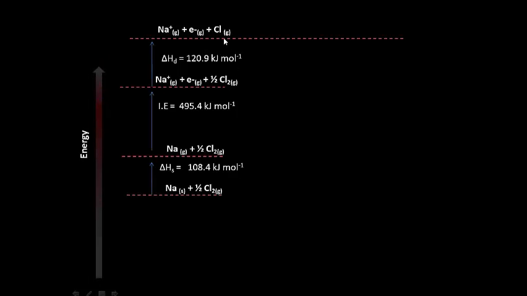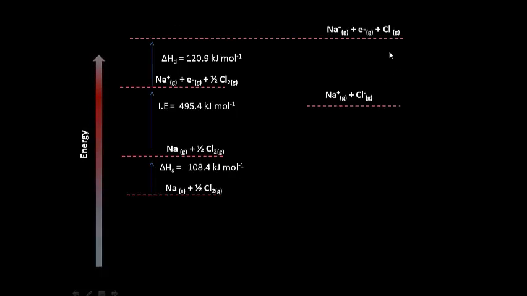So the next step will be chlorine getting converted to chloride, and this is known as electron affinity. This energy we consider to be negative because energy will be released from the system when an electron combines with a chlorine atom to form chloride ion.